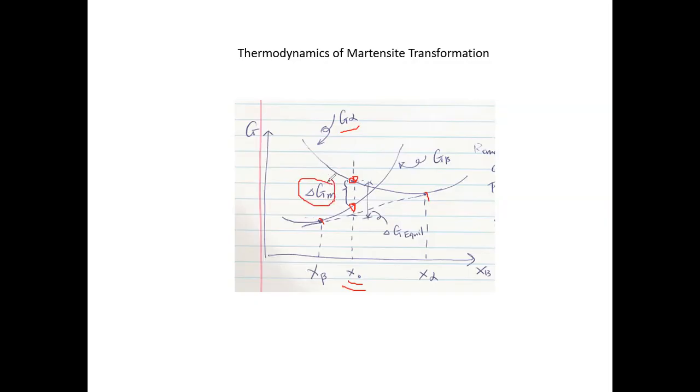So M denotes the Martensite transformation, and this delta G is the equilibrium. So without any diffusion, but just changing the crystal structure, keeping the concentration the same, it seems that by switching from the alpha phase field to the beta phase, I can immediately reduce my free energy based on this particular analysis. So this means that at least I have some driving force to do this, right? Because I can reduce my free energy.